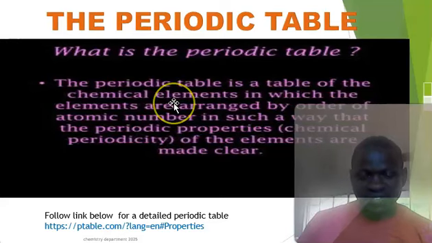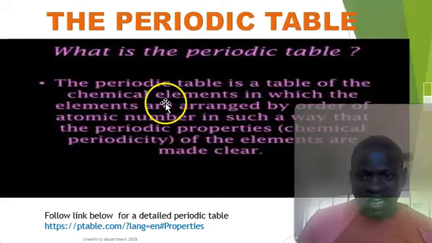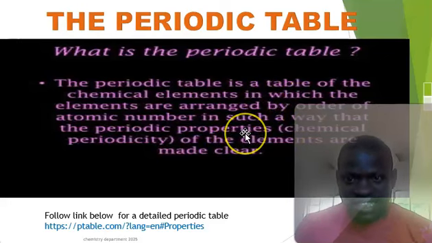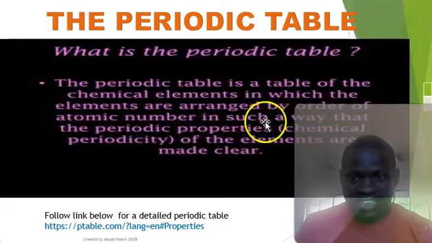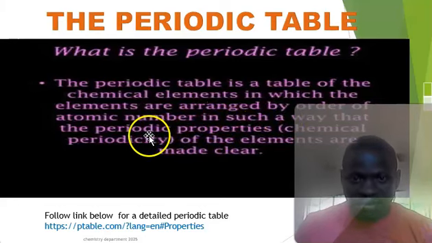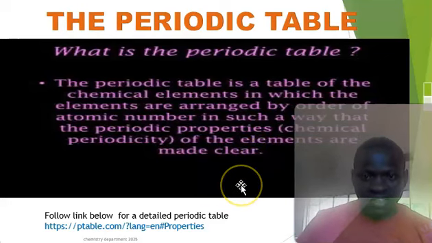As you can see, we are first asking, what's the periodic table? What do we mean by the periodic table? As you can see on the screen, the periodic table is a table of chemical elements in which the elements are arranged by order of atomic number in such a way that the periodic properties (chemical properties, chemical periodicity) of the elements are made clear.